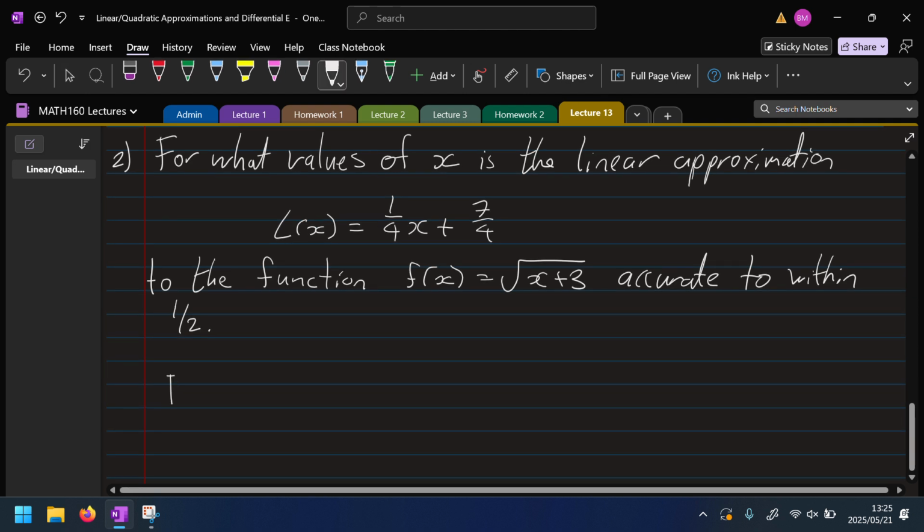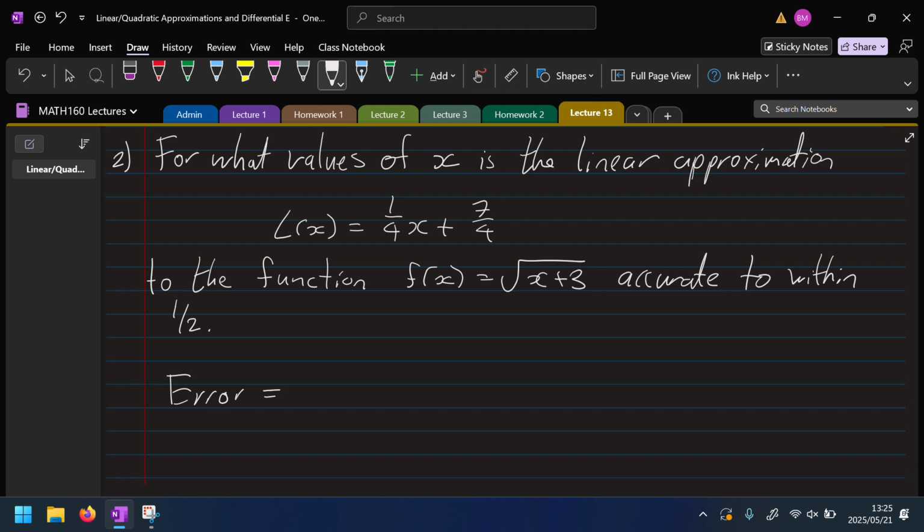Okay, so we have the error. This is just going to be the difference between the function and the approximation. That is the error. So that's going to be f of x, that's our function, minus the approximation, and then we put absolute value, so we don't care if the error is positive or negative. We just have some error, which is the function value minus the approximation value.